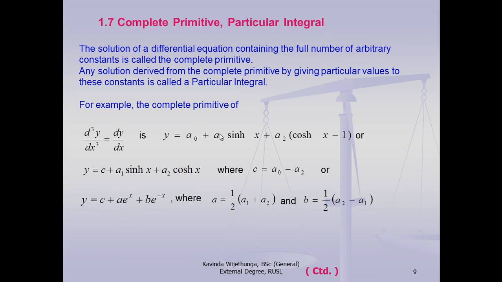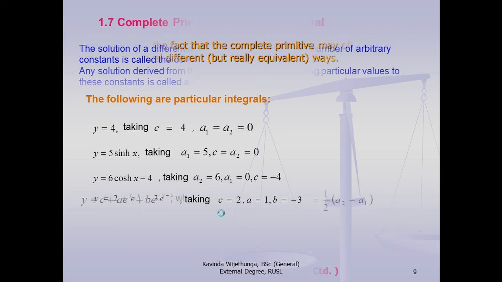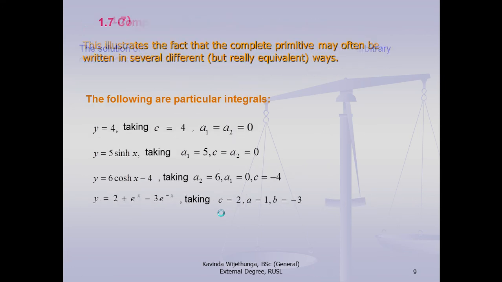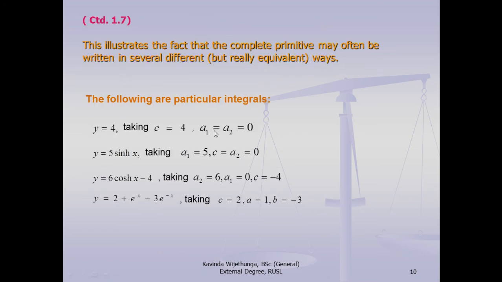That is called a particular integral. So here we take c equals 4 and a1 equals a2 equals 0.